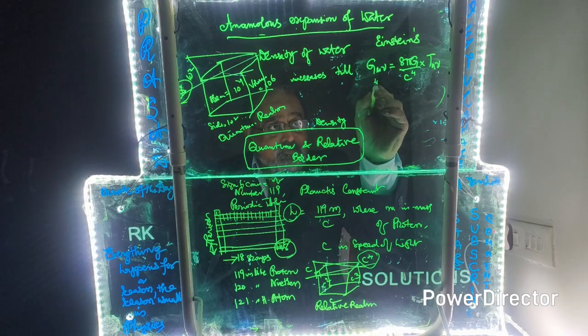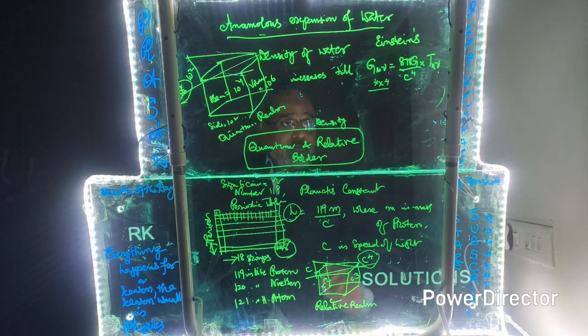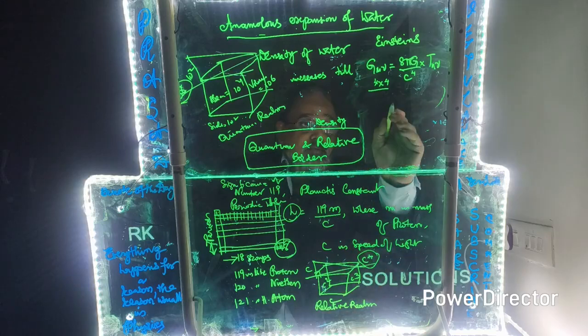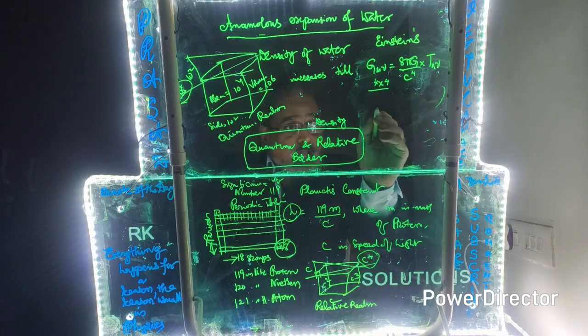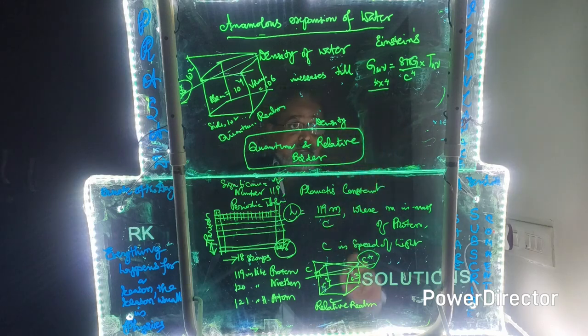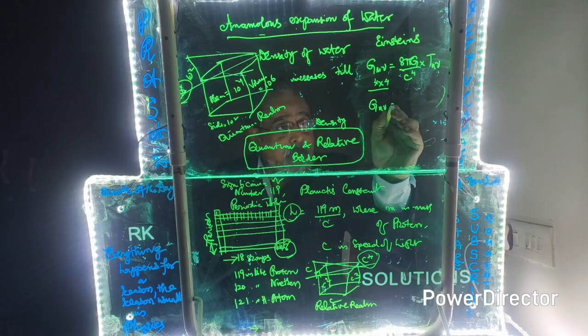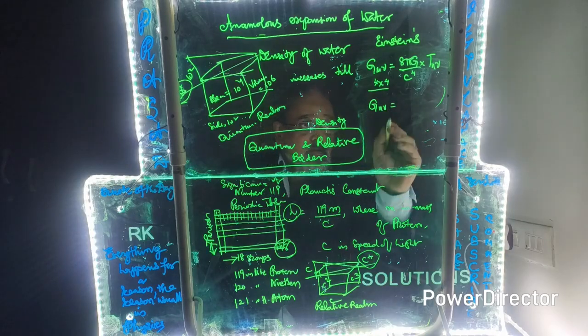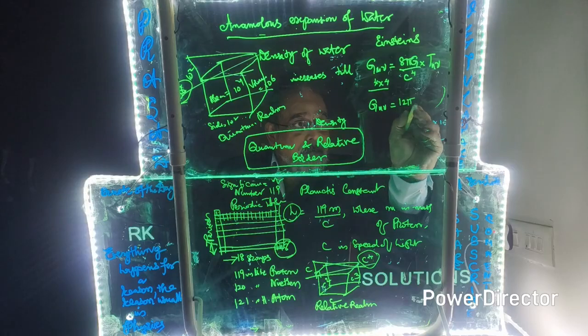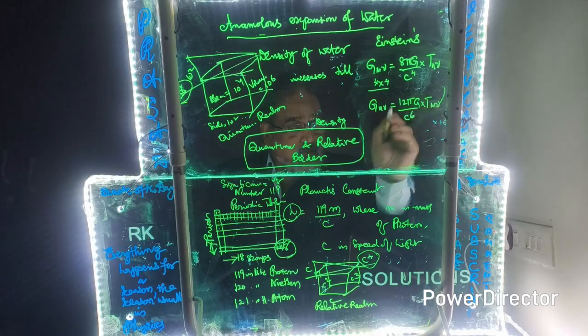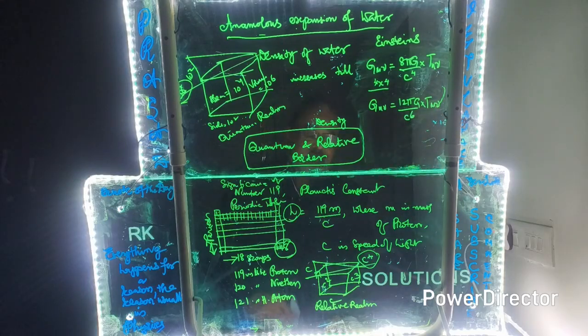We took a 4 by 4 tensor. So here I always used to say that instead of this, the elegant solution would be taking 12 pi G by c6 into T mu nu, right?